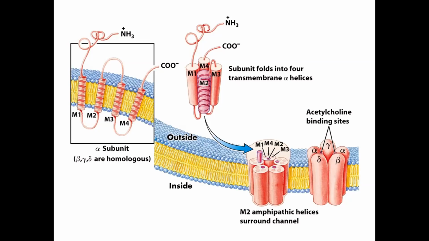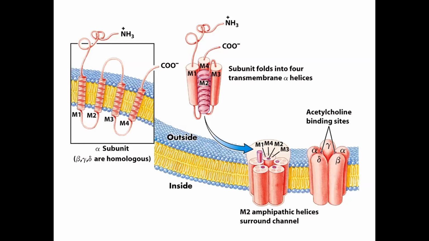And these particular subunits all have M2 facing the channel. M2 facing the channel. That is significant. Why is that significant? Well, turns out M2 has a bunch of very bulky leucine residues that stick into the channel.